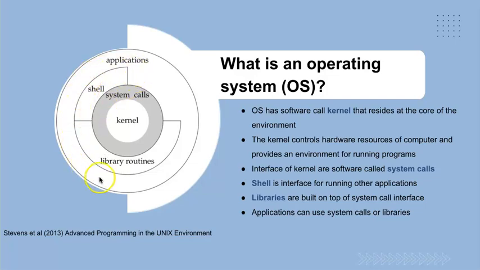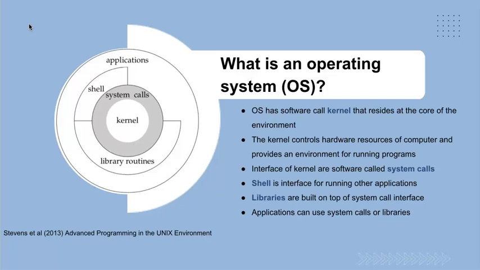You can just access the library to use them on the command line. And the last layer here is the application layer. These are different programs that allow the user to interact with, for example, a text editor or a web browser. And these applications interact with the operating system in two different ways.